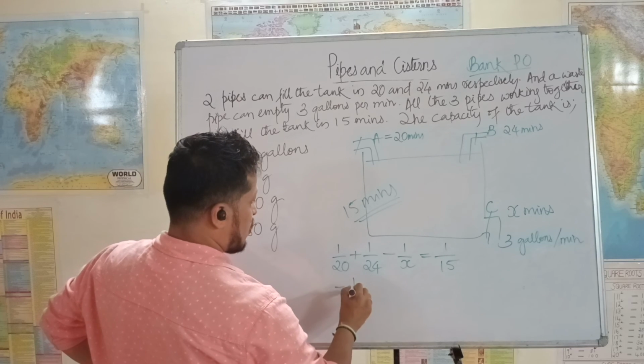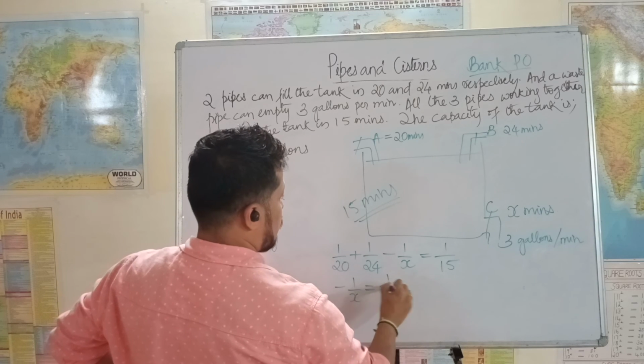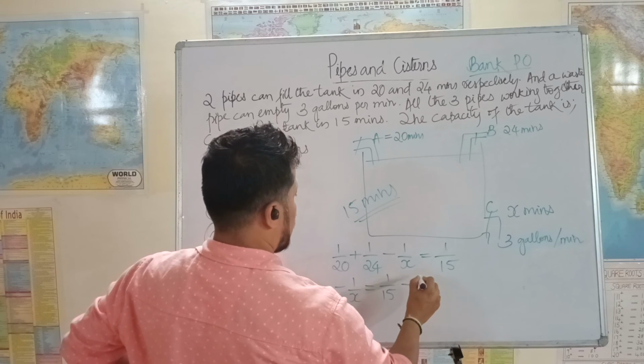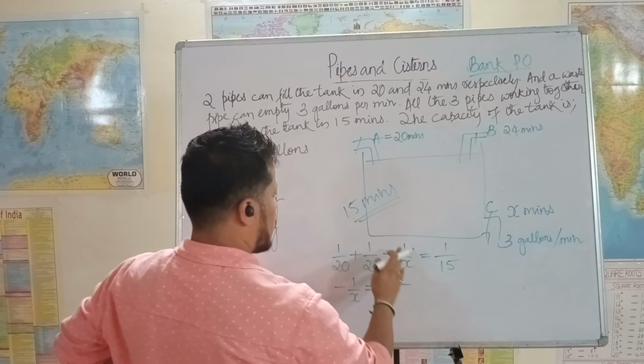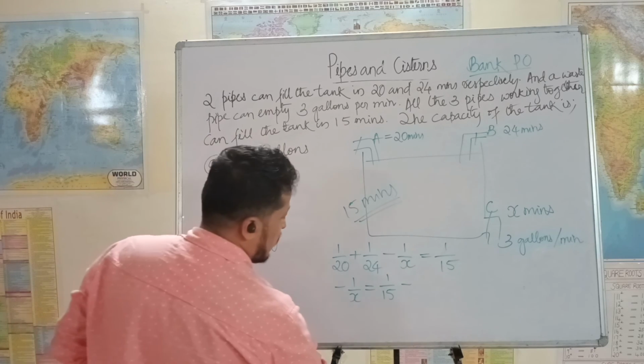1 by 20 plus 1 by 24 minus 1 by X is equal to 1 by 15. Let's take X to the right hand side and bring 1 by 15 to the left hand side.